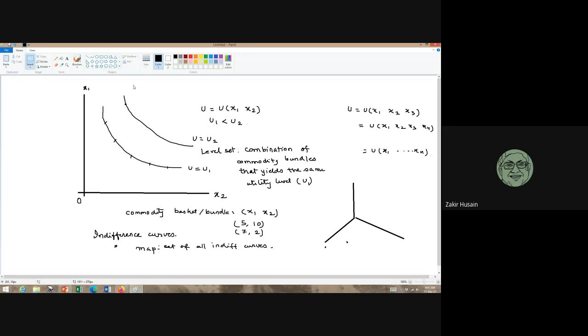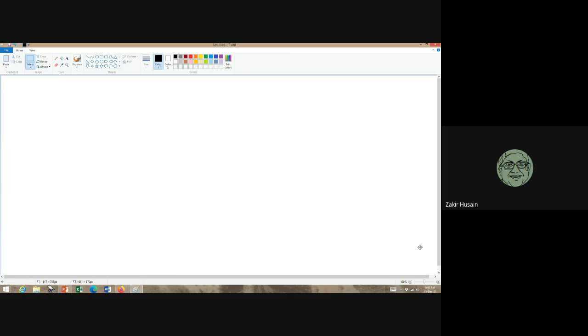And as for n, you can only dream of it. You'll never be able to draw it. So if I want to rag you, I can ask you to draw a level set for 5 dimensions, when the commodity bundle comprises 5 commodities.